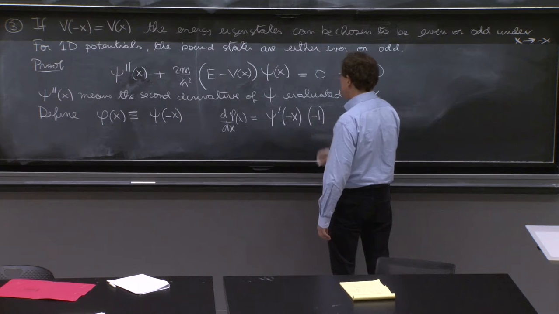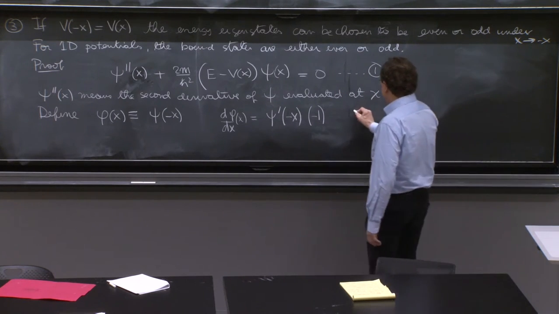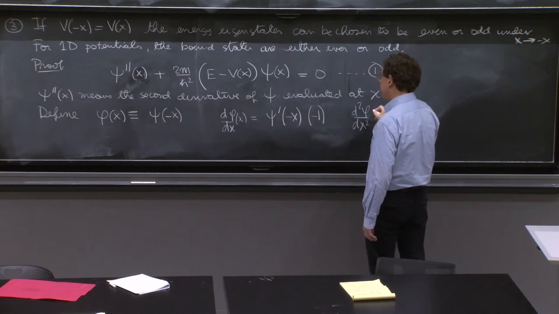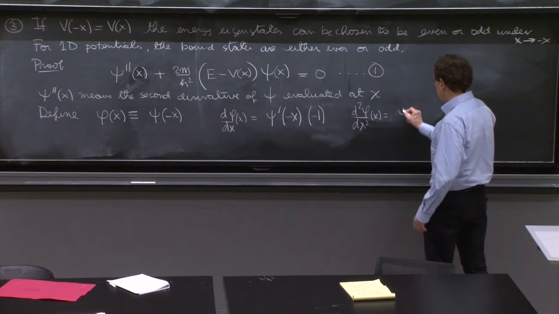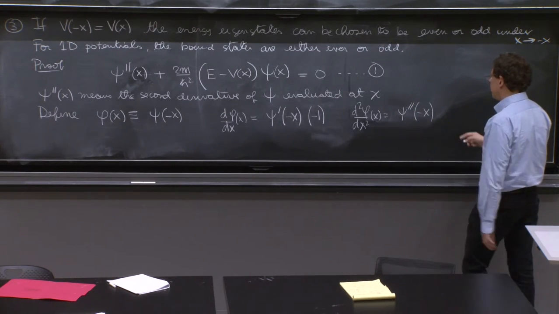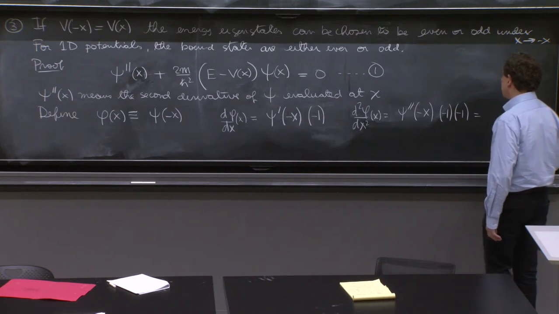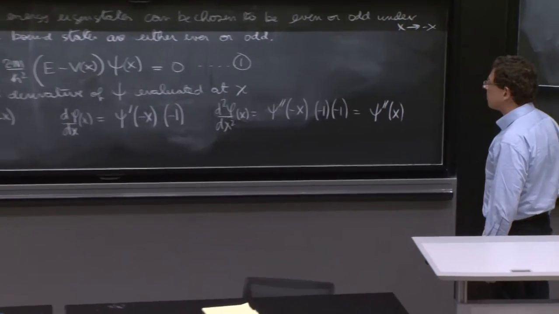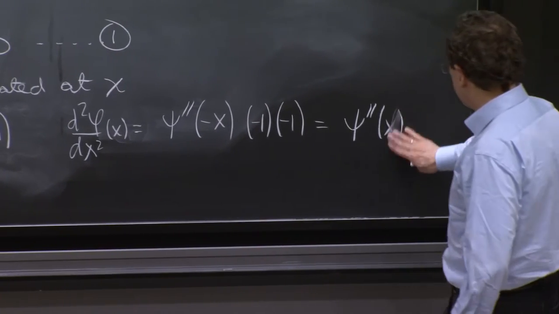So it gives you a minus 1. And the second derivative of phi with respect to x squared at x would be yet another derivative here. So you now get a second derivative evaluated at the thing, and then differentiate the thing inside again. So minus 1 times another minus 1. So this is just psi double prime at minus x.